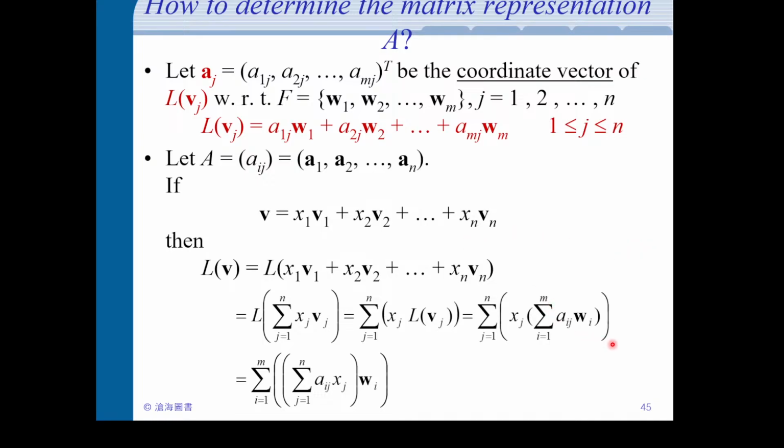Excuse me, I think here we have a typo. Oh no, A_ij W_i. Yeah, sorry, I got it wrong. So I have A_ij, with j here, and W_i, with i from 1 to m here. Then we change the order of summation. We see that this is the sum over i, the sum over j, of A_ij x_j and W_i here.